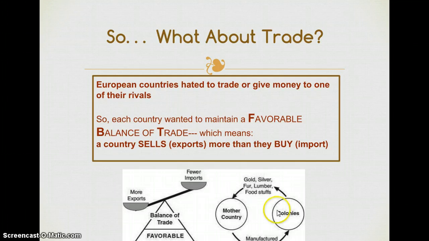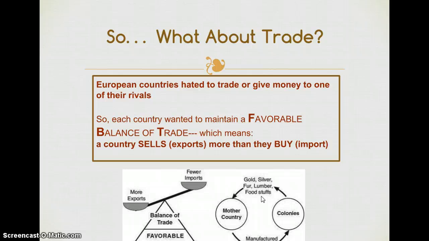So this is where the colonies come in. If you build a colony, right, in the Americas that has stuff that you want, i.e. gold and silver, fur, lumber, foodstuffs like sugar and corn, right, tobacco.